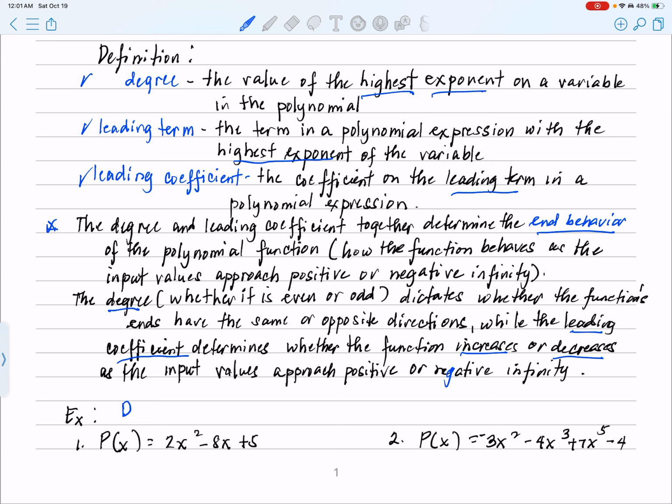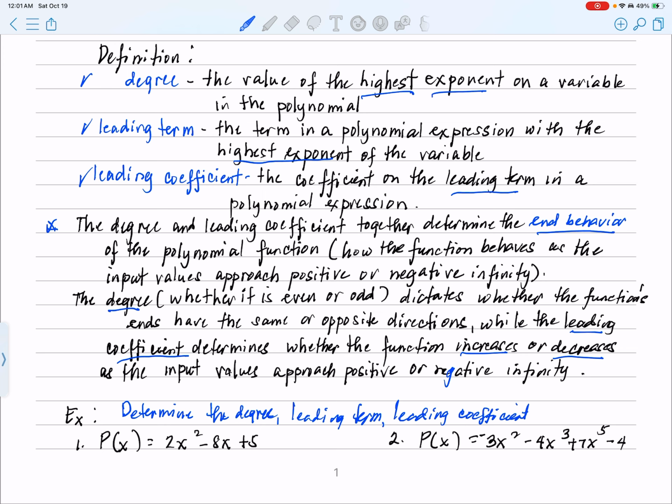Determine the degree, leading term, and leading coefficient. Okay, let's do this.